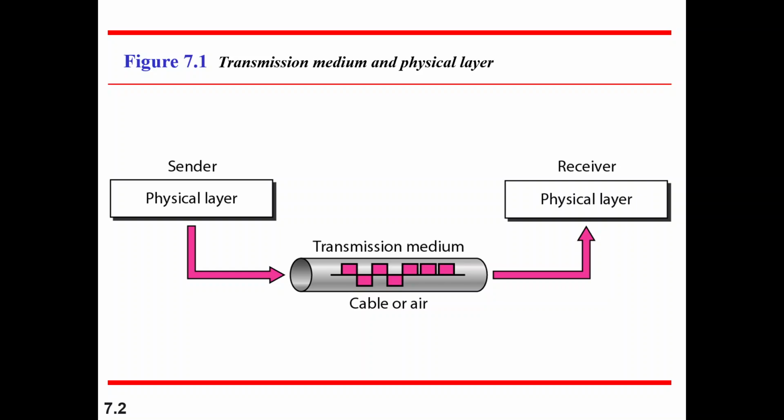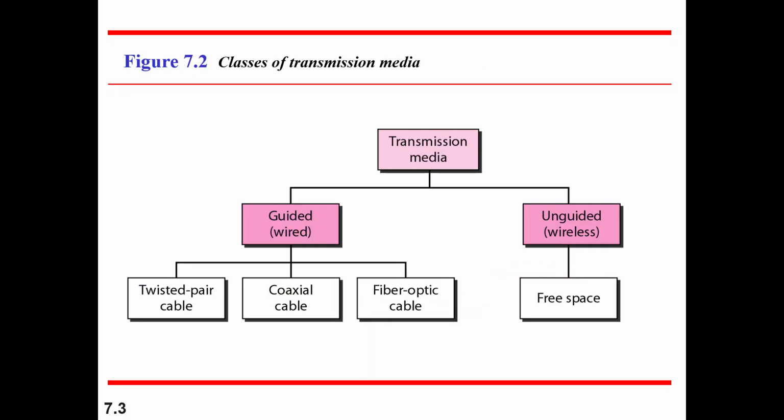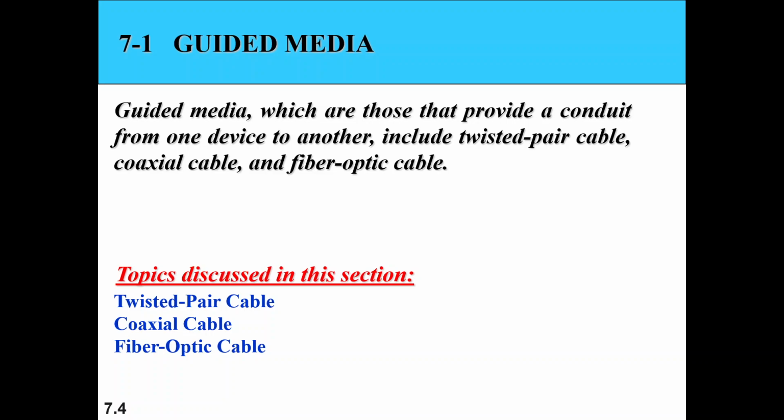In telecommunications, transmission media can be divided into two broad categories: guided media and unguided media. Guided media includes twisted pair cable, coaxial cable, and fiber optic cable. Unguided media is the free space. On the screen you can see the taxonomy. Let's start with the guided media.